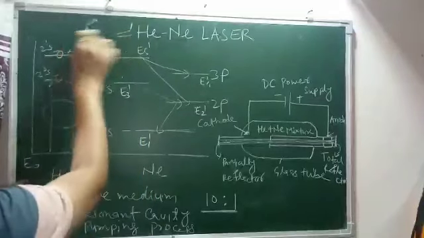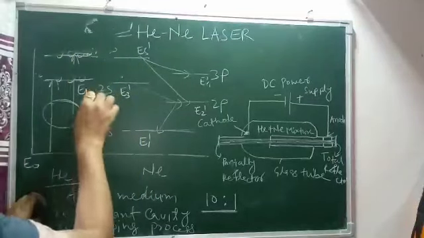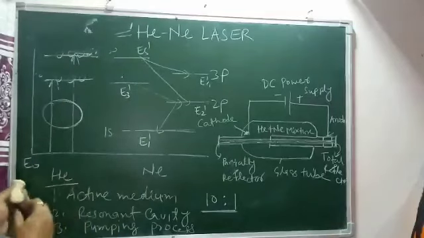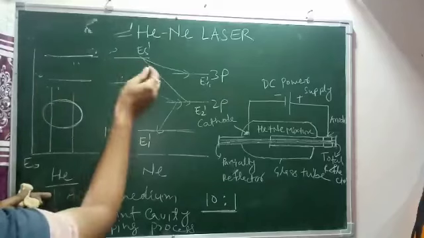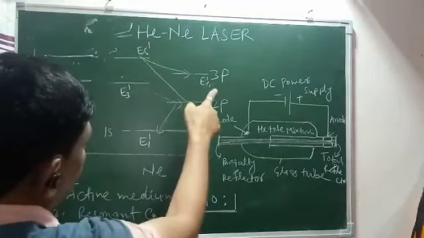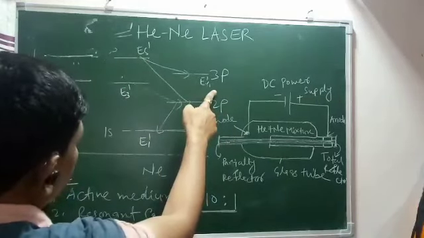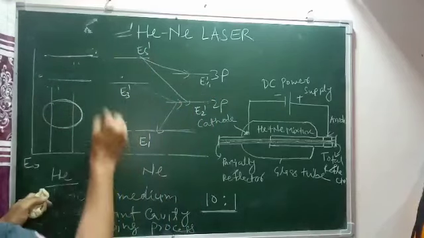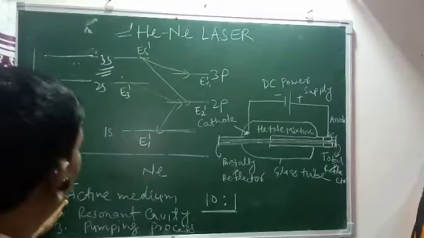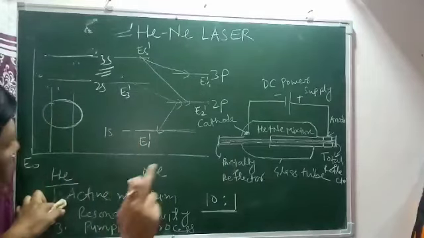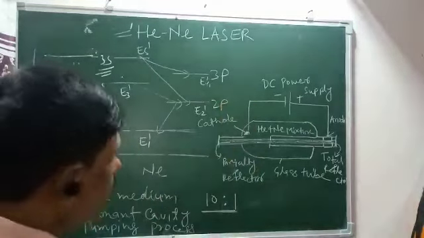So the transition becomes E5 prime to E4 prime, and these are the 1s, 2s and 3s levels of neon, and these are the 2p and 3p levels.